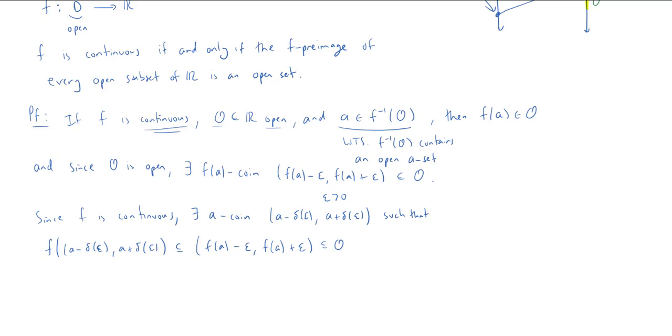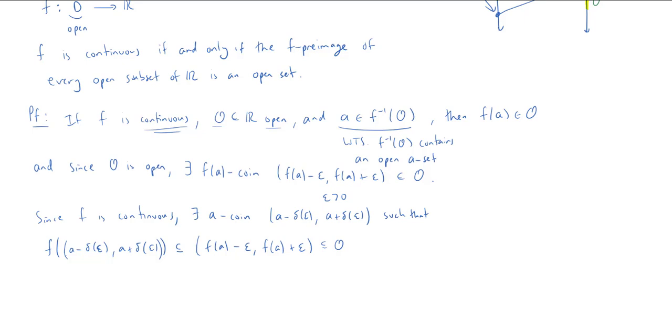Now, what I should say here is, of course, this is not quite 100% accurate, right? Because f has domain D. And so when I apply f to this interval, there may be points in this interval that aren't in the domain, right?